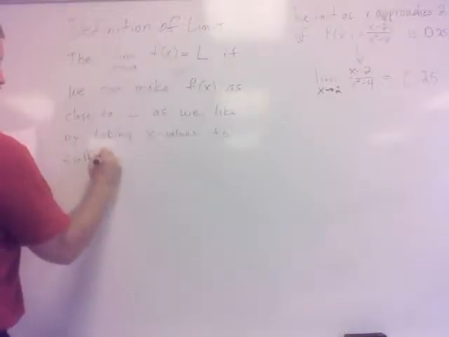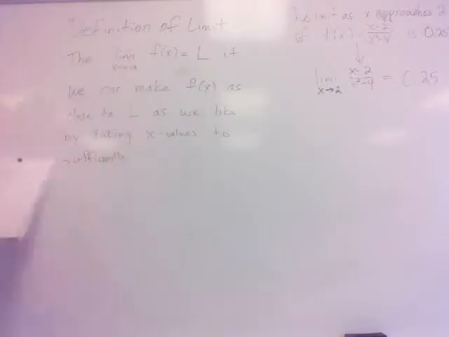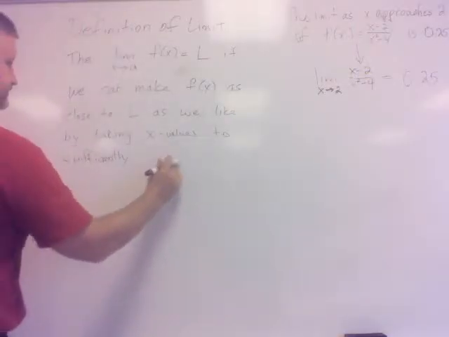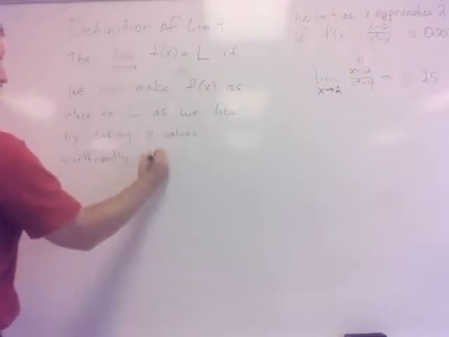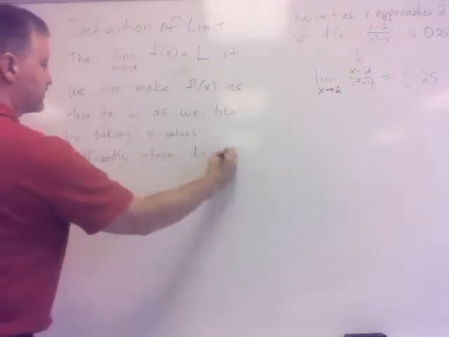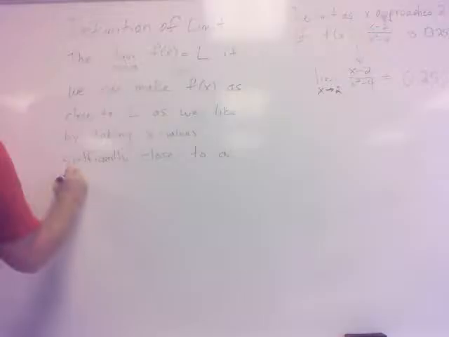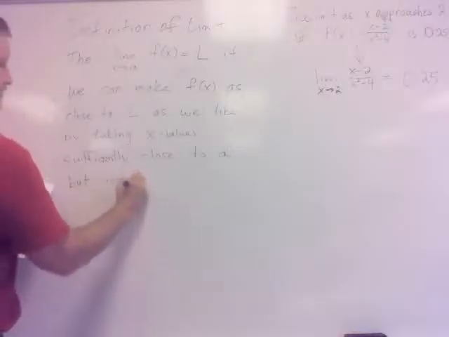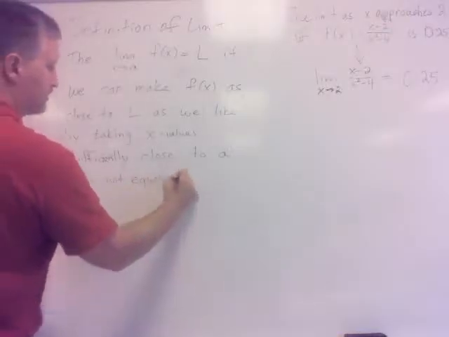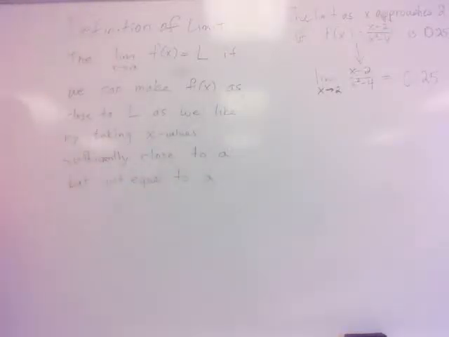Kind of wordy. That's where sometimes definitions go. By taking x values sufficiently, I mean that close to a, but not equal to. Isn't that what we did with that table?